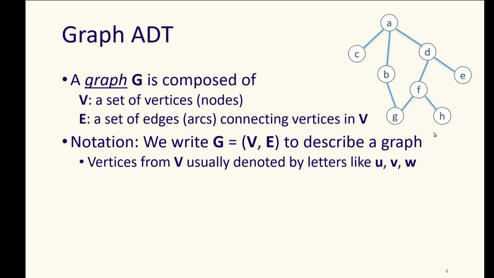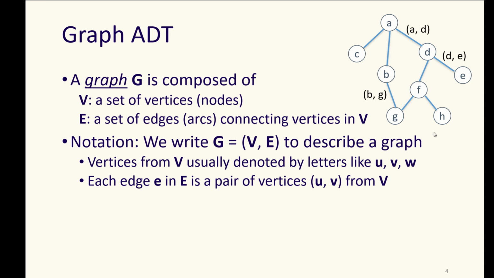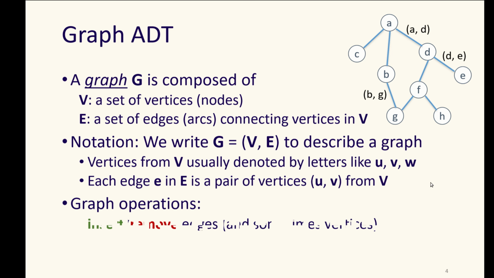The vertices from the set V are usually denoted by lowercase letters like u, v, and w, and edges often use lowercase e's to represent an individual edge from the set, capital E. It will be a pair of vertices, such as u, comma, v, or in our visual graph, A, comma, D is an edge that's in here. And those, of course, have to be vertices from our set V that's a part of our graph.